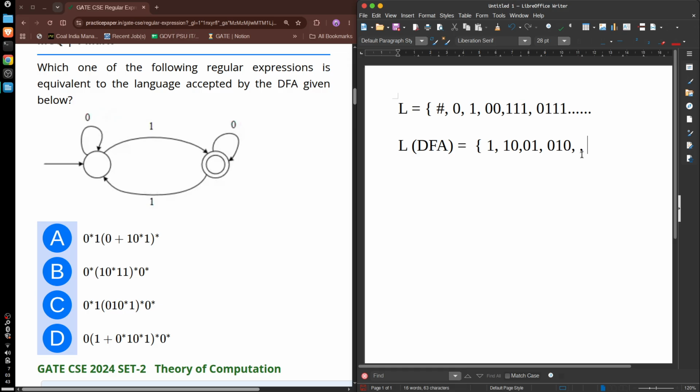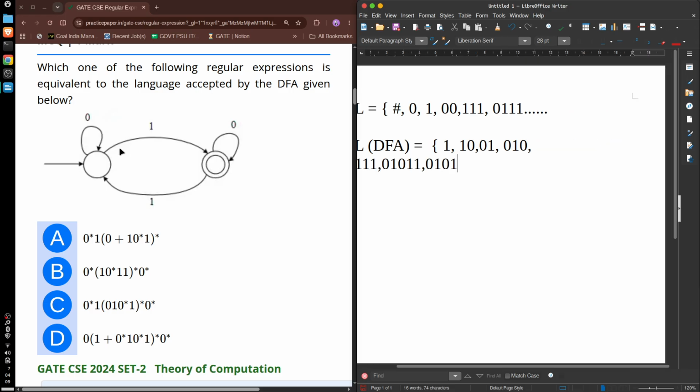Next, if we go one one one, triple one is accepted because it will go to this state, to this, to this, and this three is accepted, right? And if we go with zero one zero one one, this is also accepted. And if we make zero one zero, one zero one, this is also accepted.